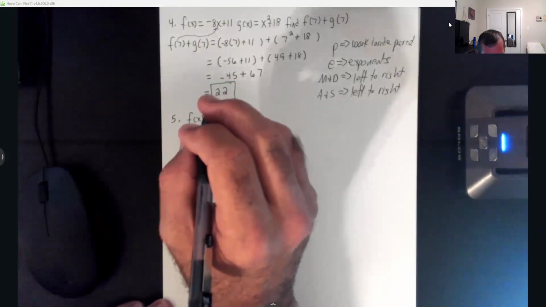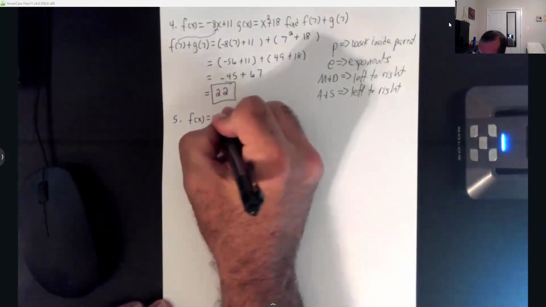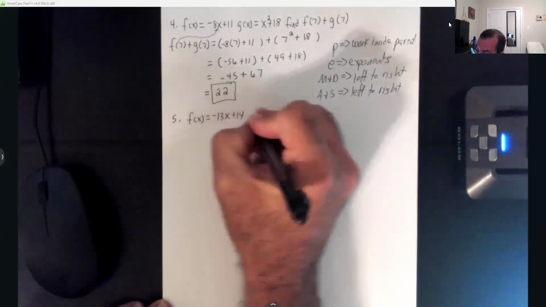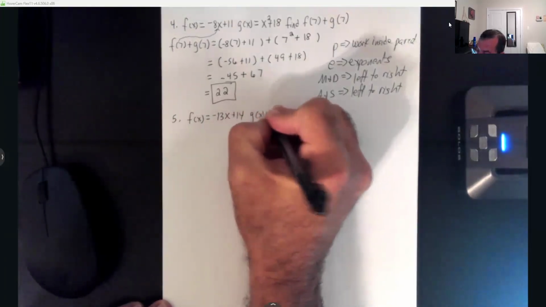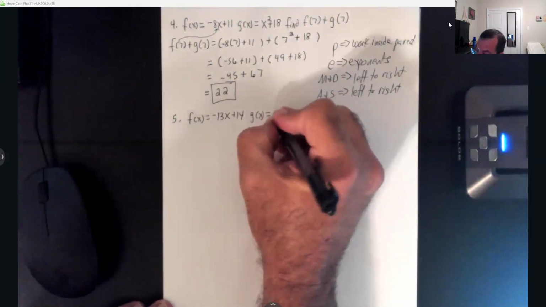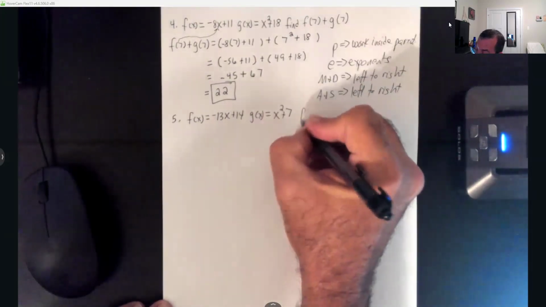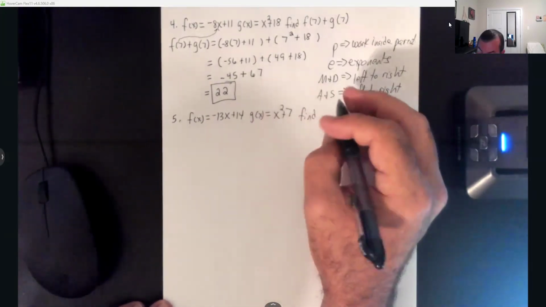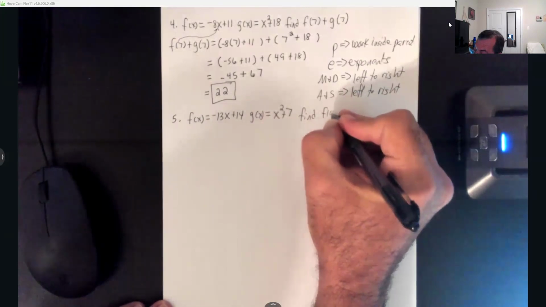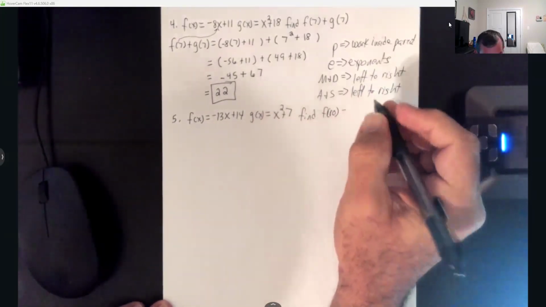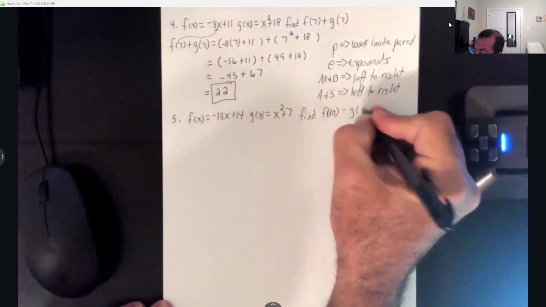Oh y'all, let's see. This one has a negative 13x plus 14. g of x is x squared plus 7. They want us to find f of 10 minus g of 10.